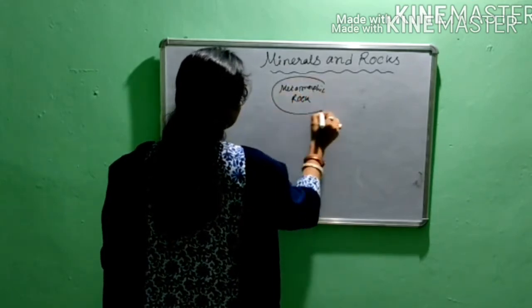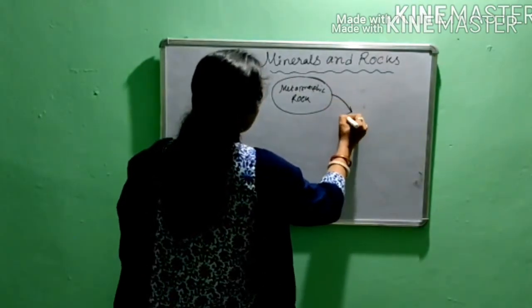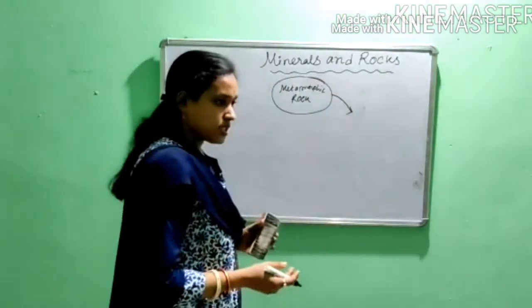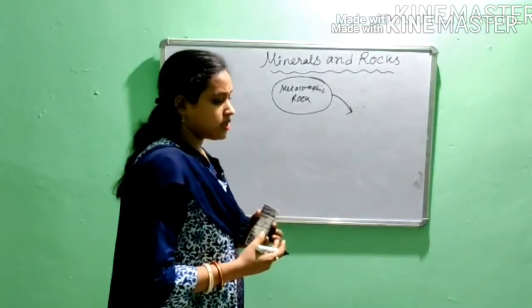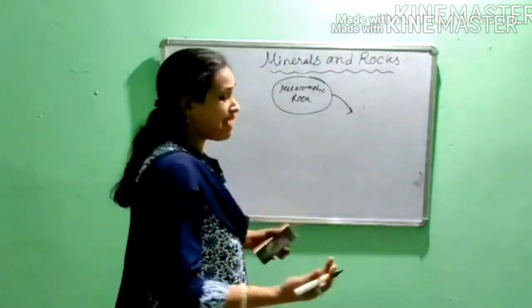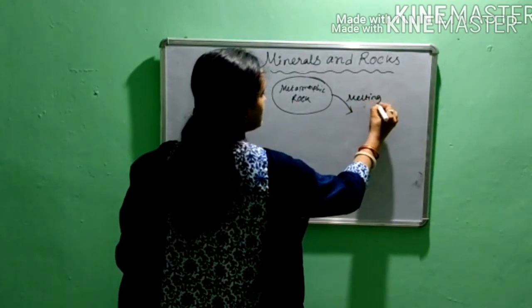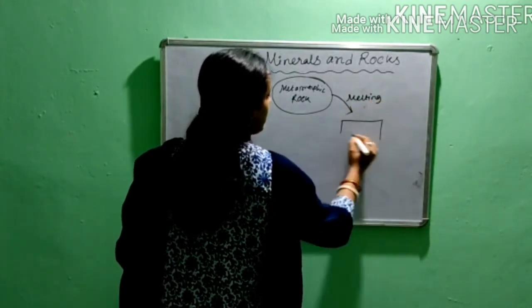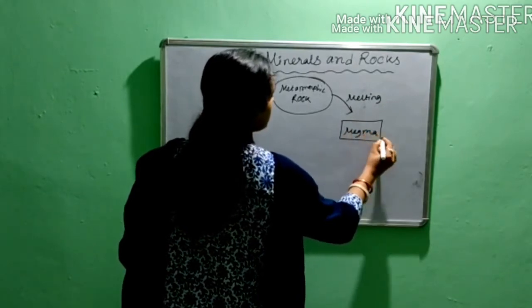Now, metamorphic rock, through different processes, for example temperature, volume and pressure, when this metamorphic rock melts, so here we write melting, when it melts, it forms magma.